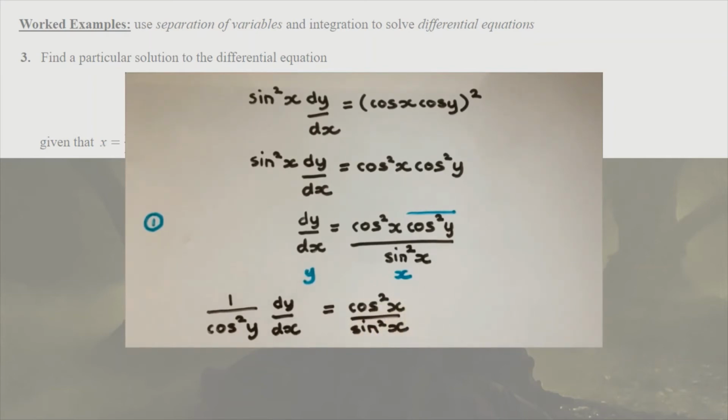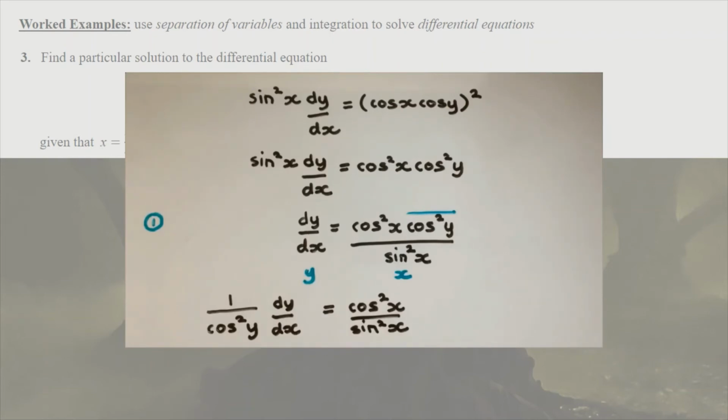And in that one move, I've effectively done everything I need to do, because I have all the y terms on the left and all the x terms on the right.